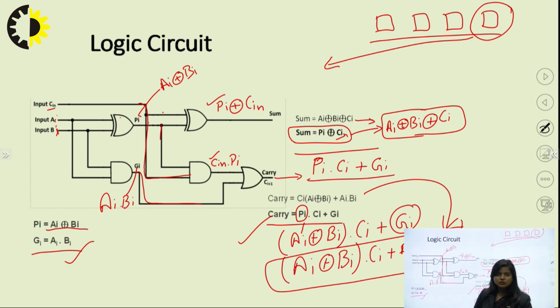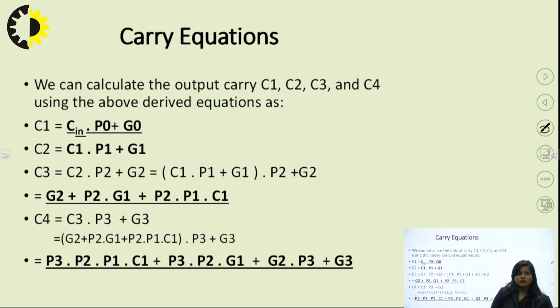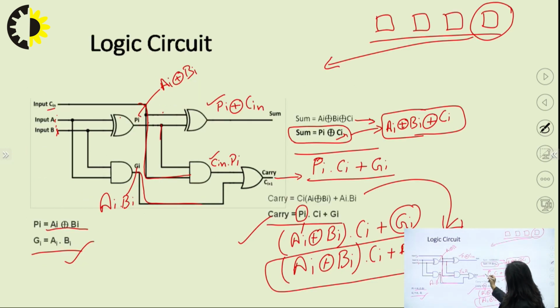So next we have the final carry equations. Now we have to calculate the final carries for every step, because we can see that we have four carries, C1, C2, C3 and C4, along with a previous carry value.